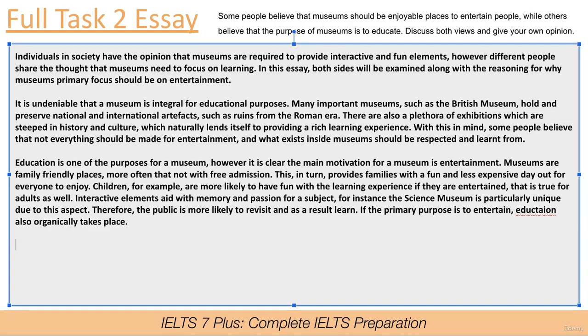Okay, I think that's strong. Let's write our conclusion now and tie it all together. I can say something like overall, clearly education is one of the purposes for a museum.